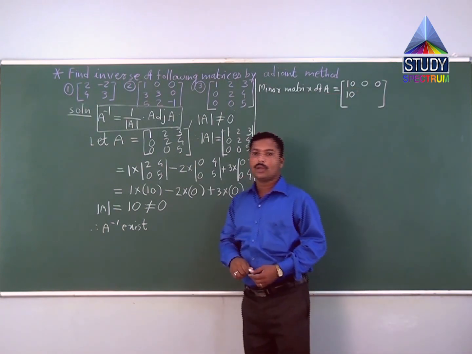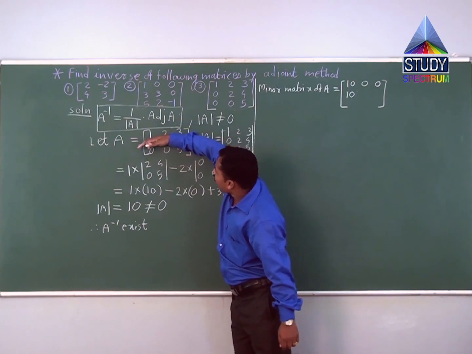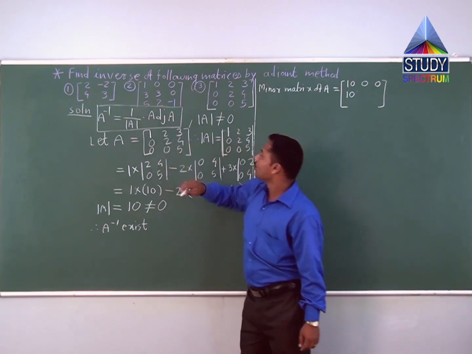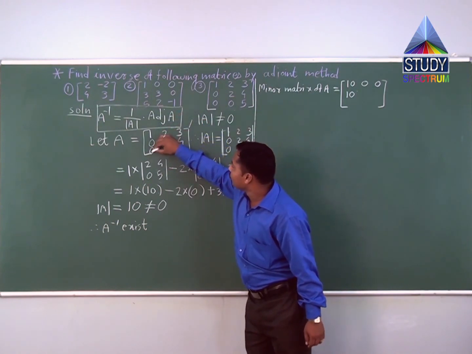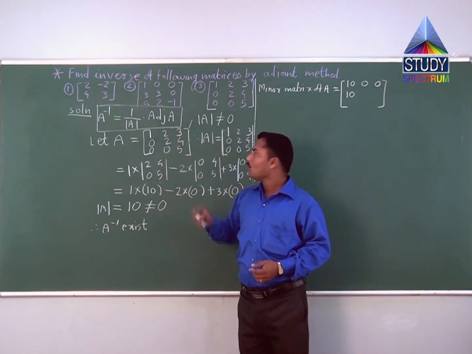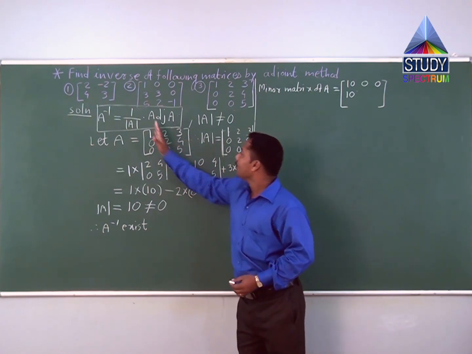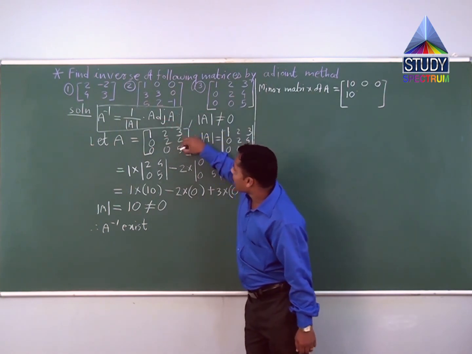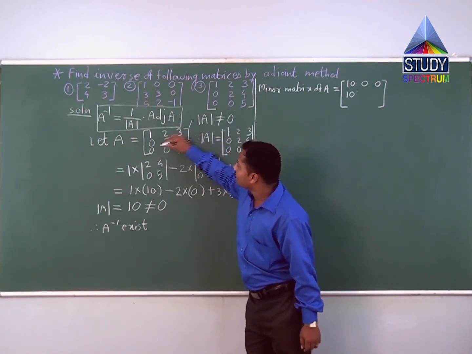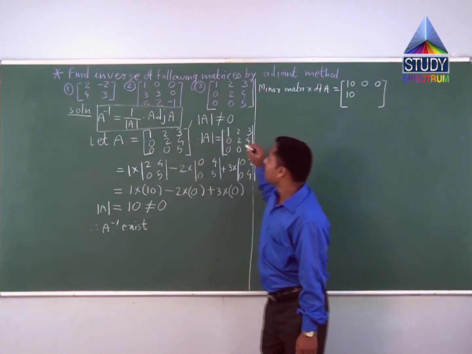We find the minor of 2. Row and column delete, so remaining numbers are 1, 3 and 0, 5. We take the determinant: 1 into 5, 5, minus 0 into 3, 0. So only 5.